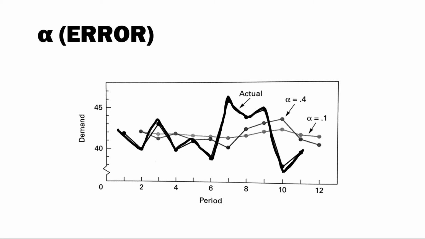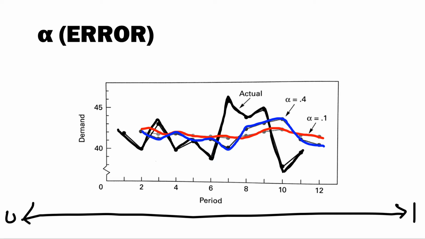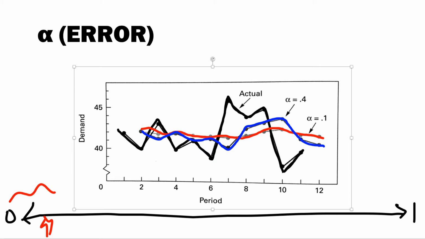And then we have an alpha that's close to 0, marked in red, and another smoothing constant closer to 1, marked in blue. Just as we said in the previous slide, a smoothing constant closer to 0 is smoother but less responsive, and a smoothing constant closer to 1 is more rigid but more responsive.